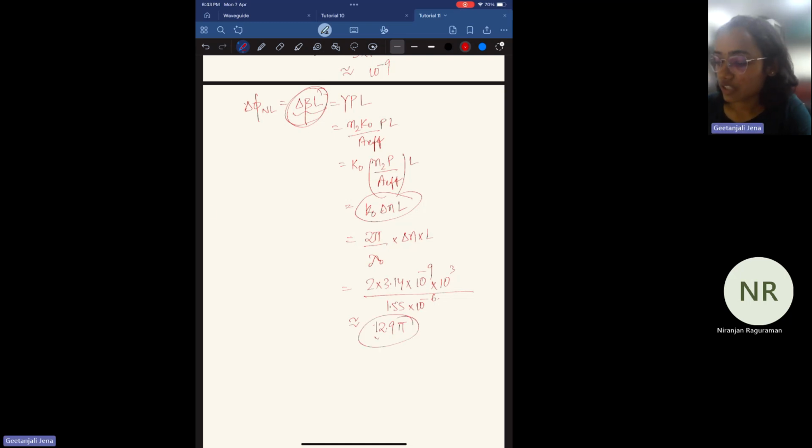Okay, so just remember only this formula. This is delta beta into L, or gamma P L, or k0 delta n L.